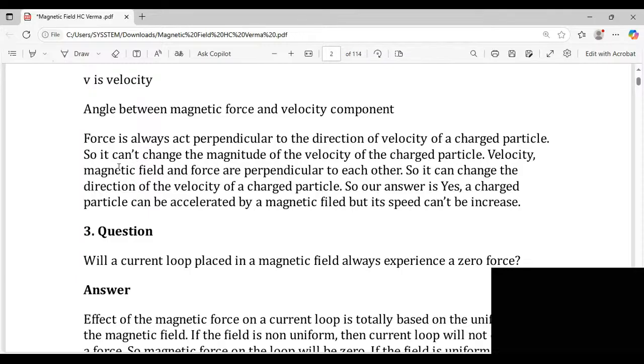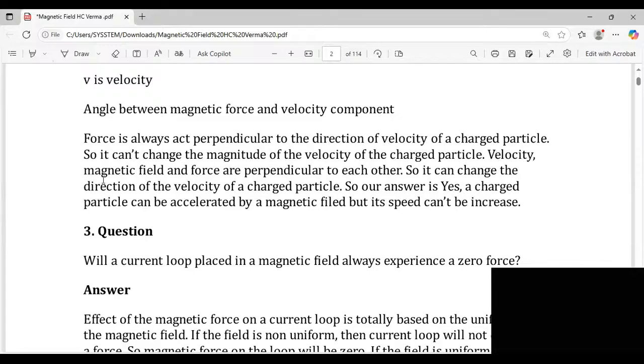Velocity, magnetic field and force are perpendicular to each other, so it can change the direction of the velocity of the charged particle. So our answer is yes. A charged particle can be accelerated by a magnetic field, but its speed cannot be increased.